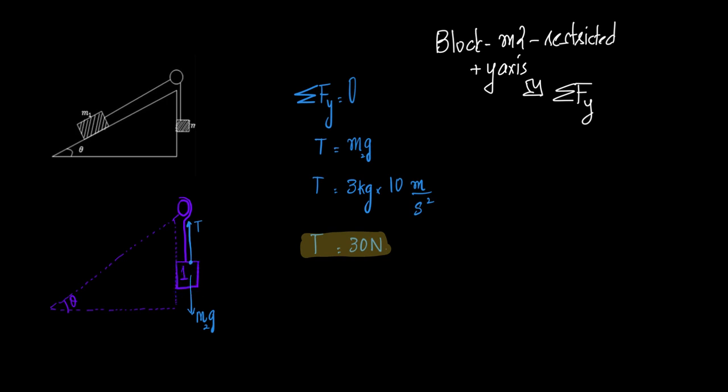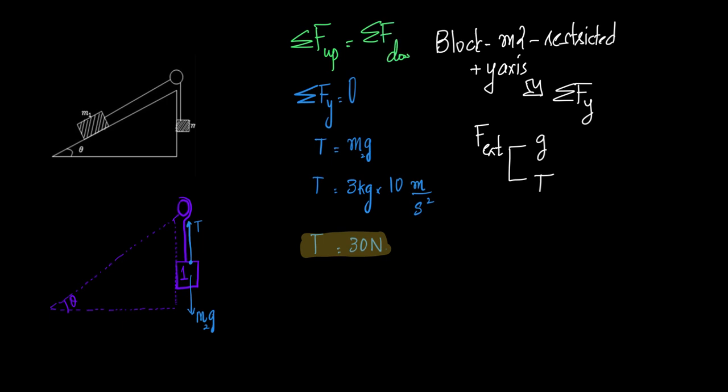So this is the block here. What are the two external forces acting on it? One is the force of gravity and the other is the force of tension. So we have gravity acting as M2g, the other is tension. If sigma Fy is equal to 0, then sigma F upwards should be equal to sigma F downwards.